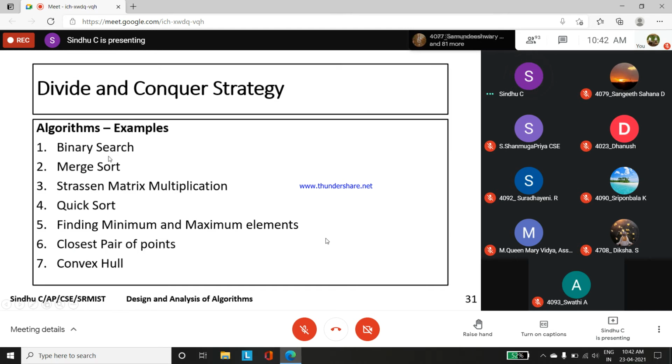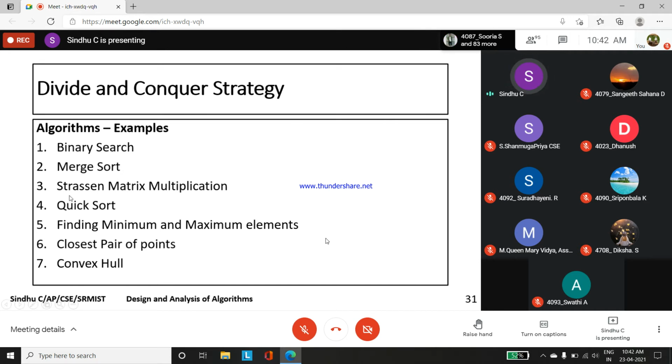So these are some problems for which the solutions or the algorithms are made using this divide and conquer strategy. So you have binary search, merge sort. Merge sort is, you are given a set of arrays, you divide it recursively, and then you merge them together.